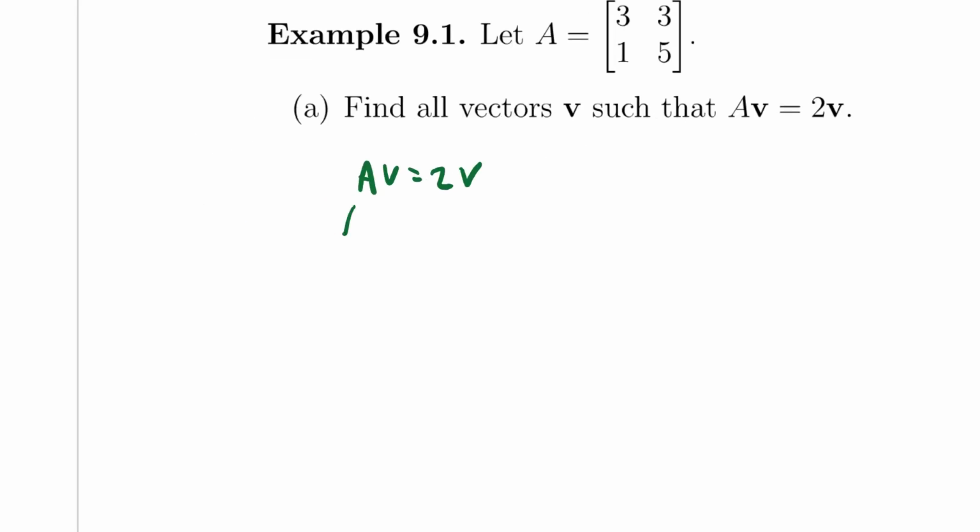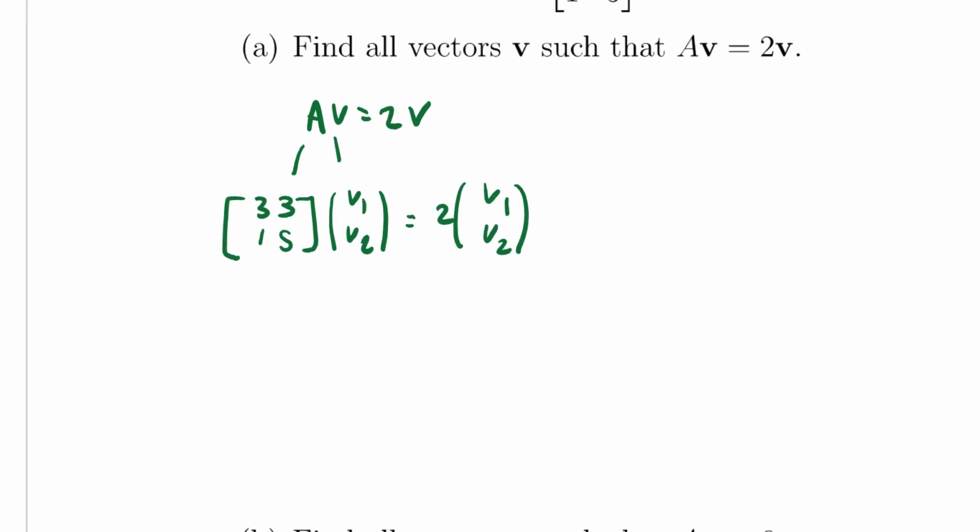My matrix A is [3, 3; 1, 5], my vector v, let me call it (v1, v2), should be 2 times v, which is (v1, v2). Now let me multiply my left-hand side here. So this would be 3v1 plus 3v2, and then the bottom coordinate would be v1 plus 5v2, equals 2v1 and then 2v2.